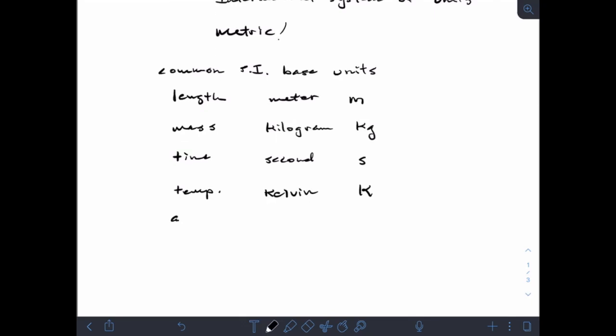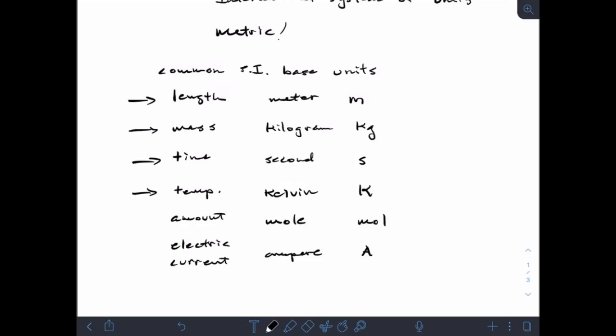For the amount of something is the mole, or mol. For one of my personal favorites, electric current is the ampere, which is capital A. The ones that we're going to deal with most in this class: length, mass, sometimes time, temperature, and amount of things.